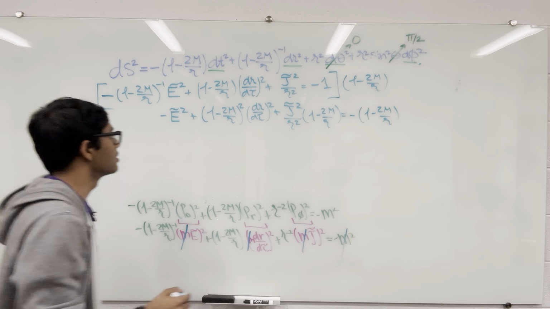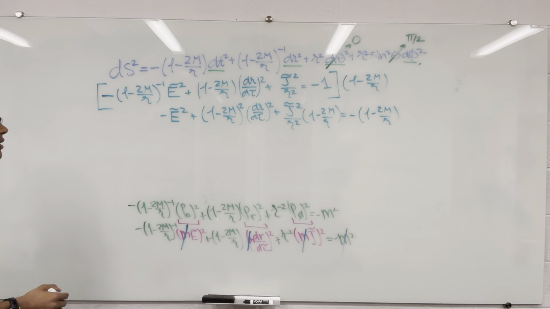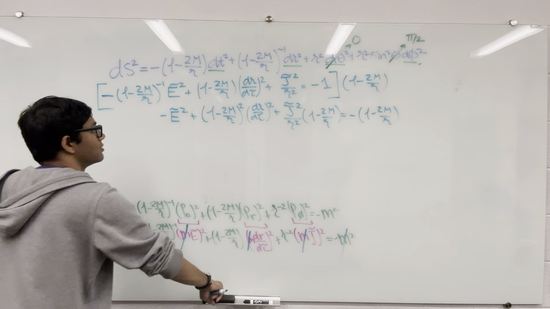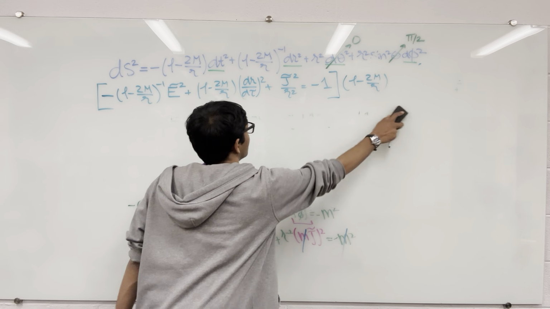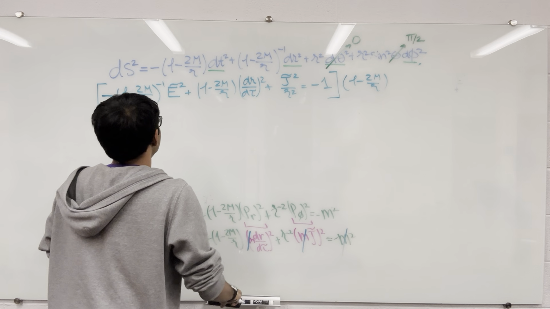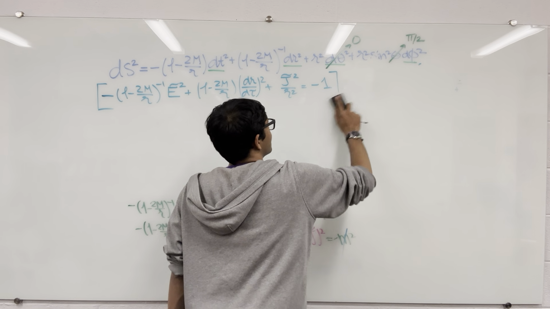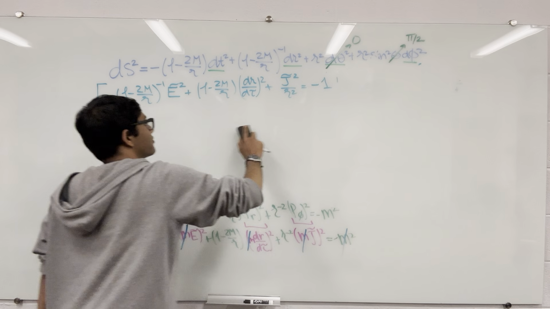Wow, that makes it horrible. But, wow, that's nasty. Oh, God, that's bad. Okay, let's not do that then. Let's just solve for this kinetic energy dr d tau term first.